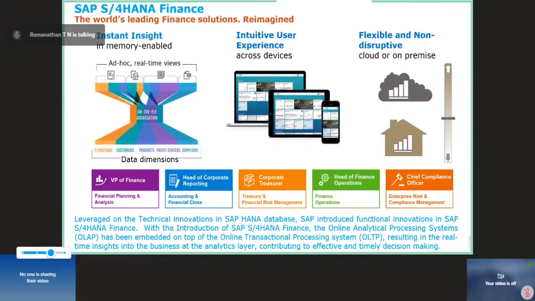Doing away with that, the aim is to give organizations a better user experience and bring them closer through different technologies like Fiori applications, which we are going to show you, or the mobility aspects, which will bring the business and finance together into the system, right? And the flexible and non-disruptive processes will help in terms of agility, like what we're talking about today, as Sanjeev highlighted, right?